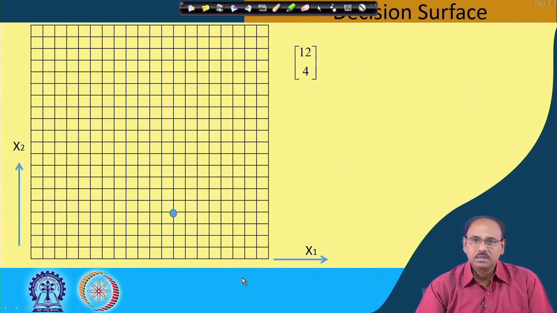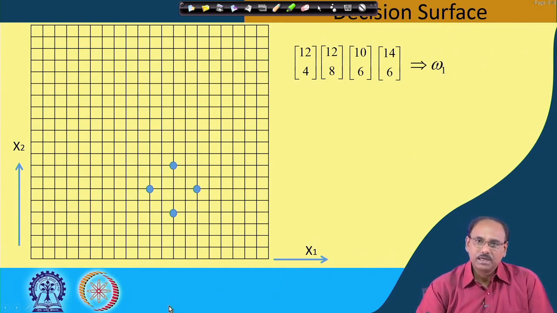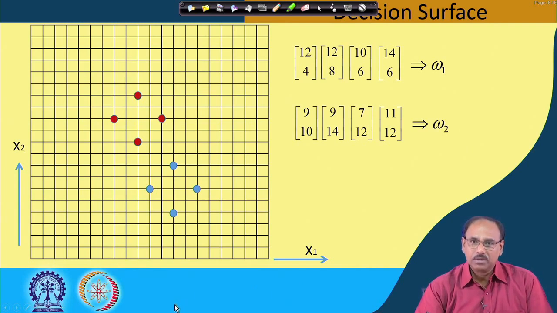First I take a point (12, 4), then (12, 8), then (10, 6) and (14, 6), and I assume that these are the points taken from class omega 1. Similarly, I also consider another set of points, (9, 10), (9, 14), (7, 12) and (11, 12), and I consider these points to be taken from class omega 2.